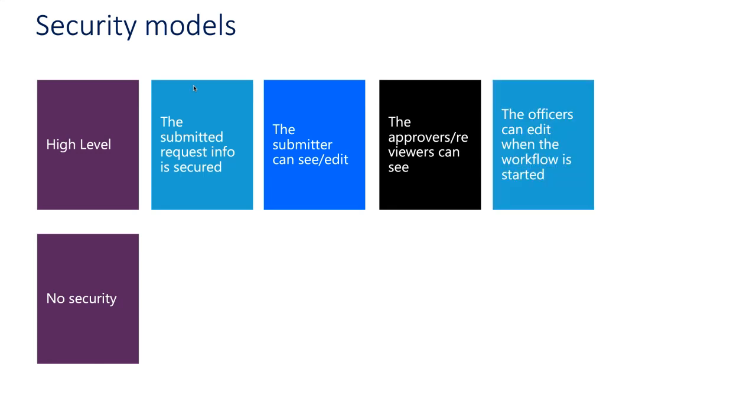The officer can edit the request even if the workflow started. They can also give submitters the possibility to edit at some point, because sometimes you need to ask people to add an additional attachment or document. So even though the workflow started, it's not fully locked. You can choose to fully lock it or not.